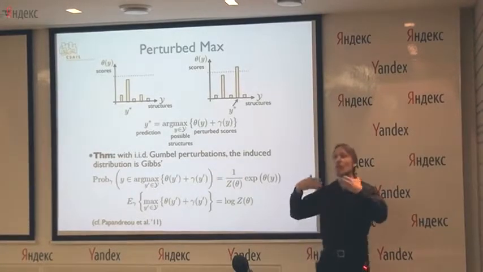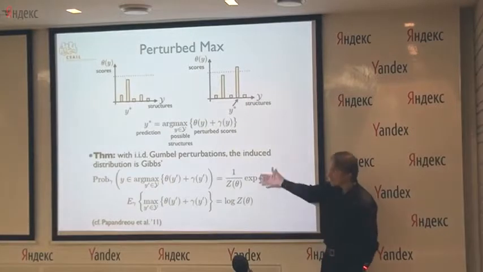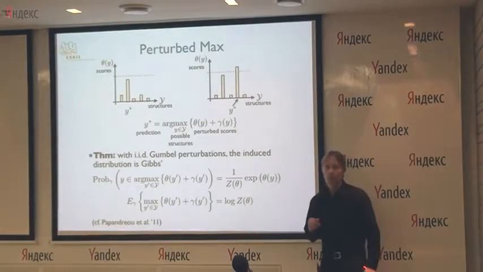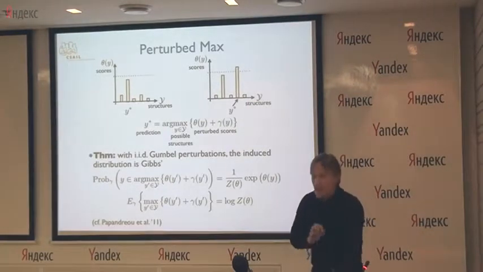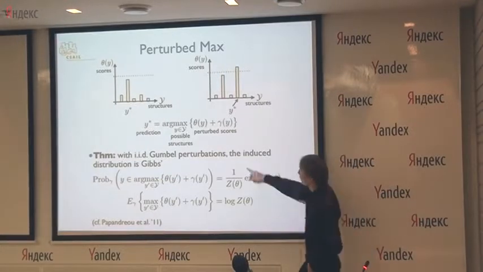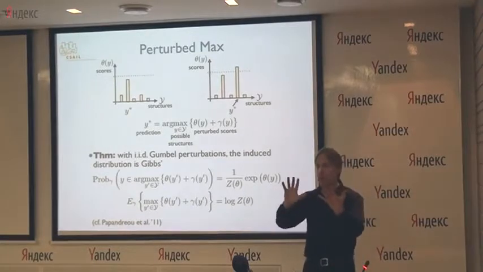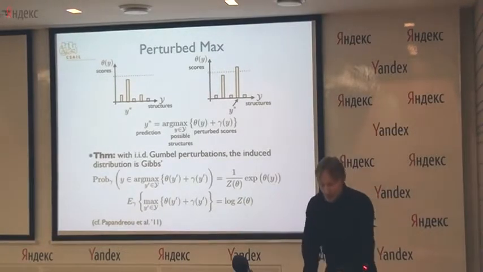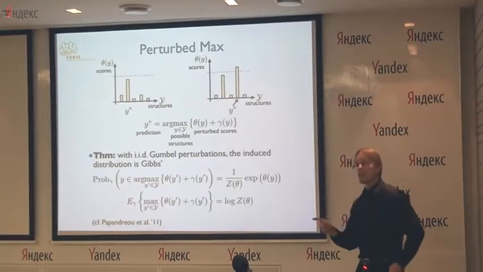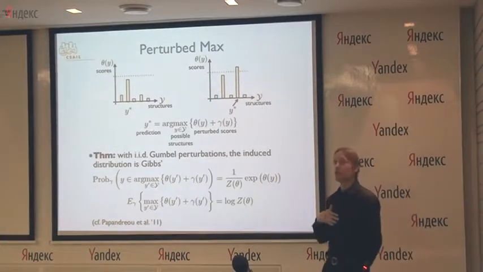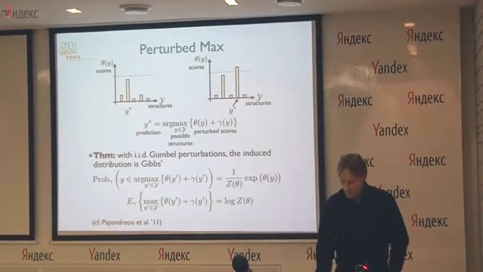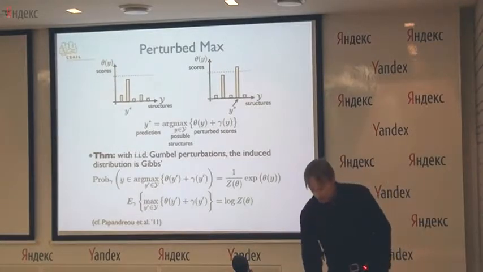So that's where the complexity comes back in this way of thinking about it. All right? So the remedy here is to not introduce perturbations that are assigned to each structure separately, but introduce perturbations that mimic how these structures were scored in the first place. So let me introduce that with an example.